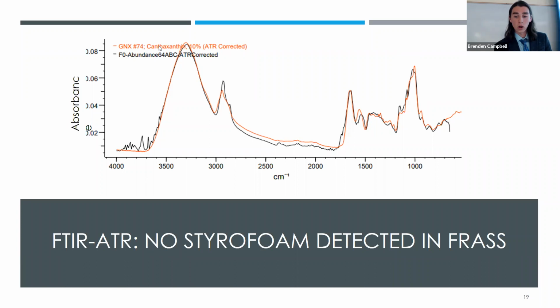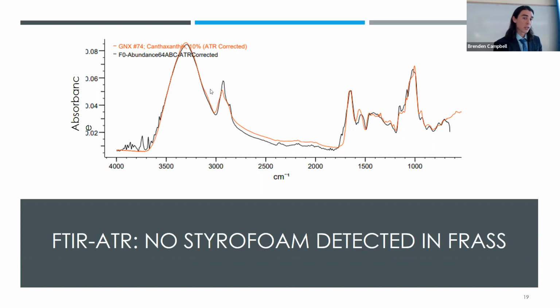So for FTIR of Styrofoam or polystyrene, it would have very sharp peaks at the 3200 wave number, 3100 wave number, as well as the 2900 wave number with that small peak.